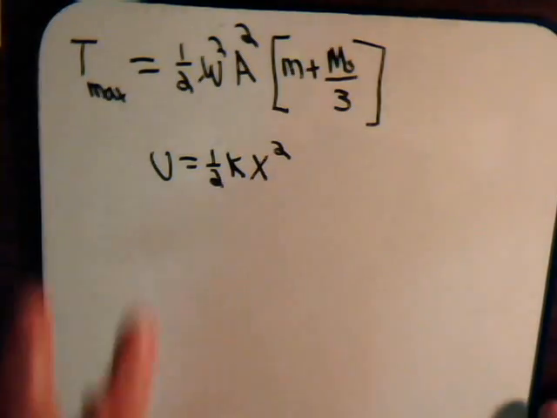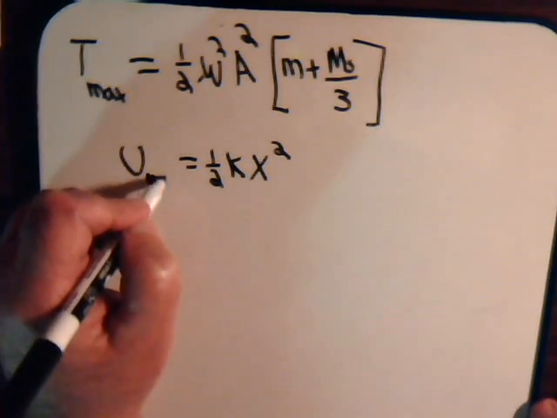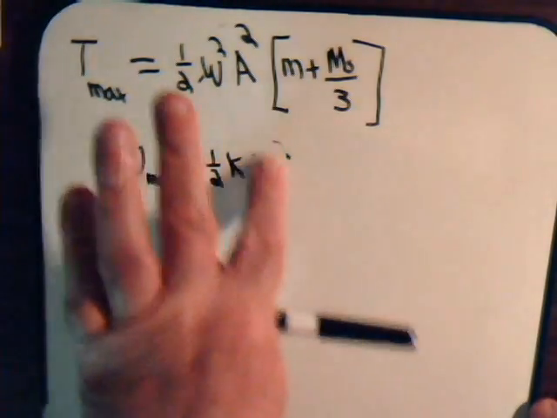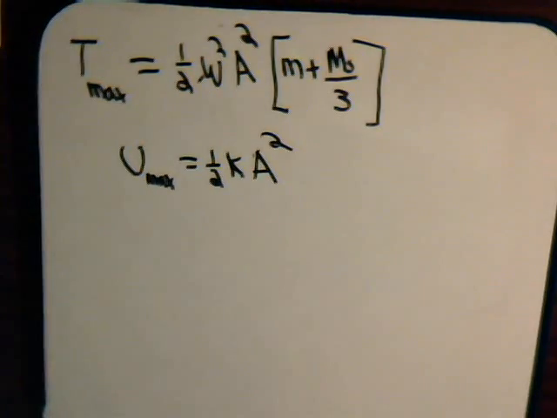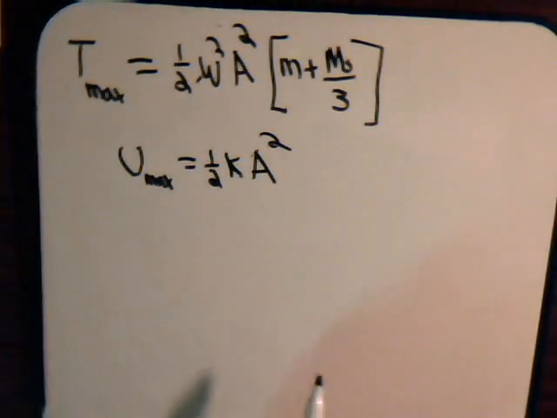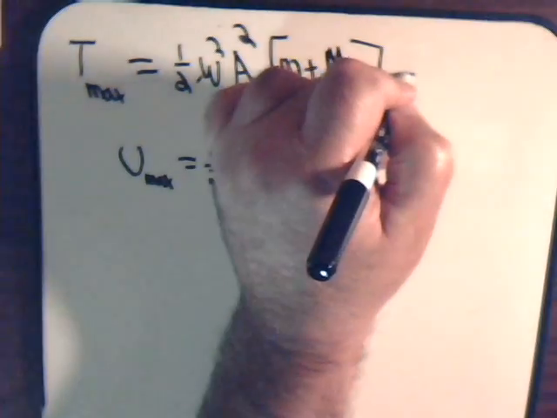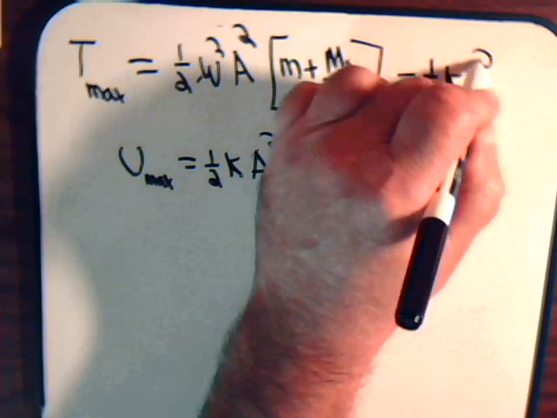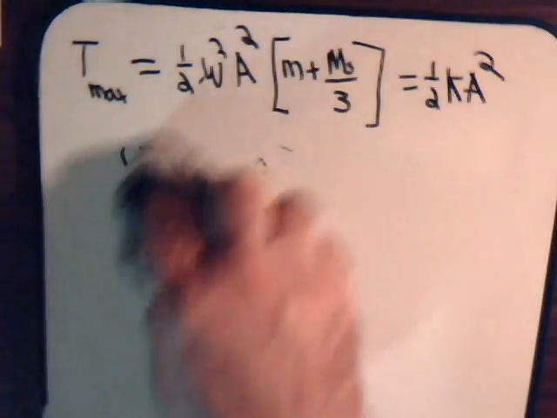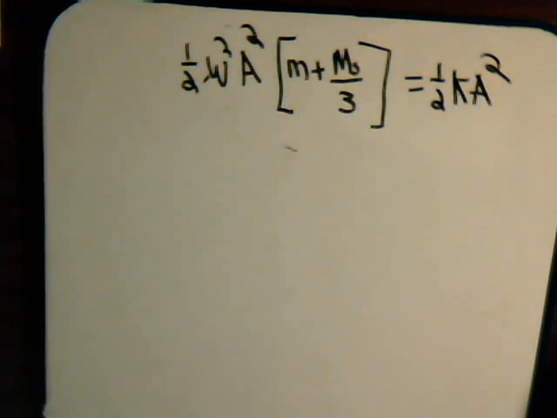So the maximum value that this can have is when x is at its maximum value, and that's just the amplitude, A. And again, in video number 6, we explained that this has to equal this. So we have this expression equals this expression. So we can get rid of this, and we have this equation.